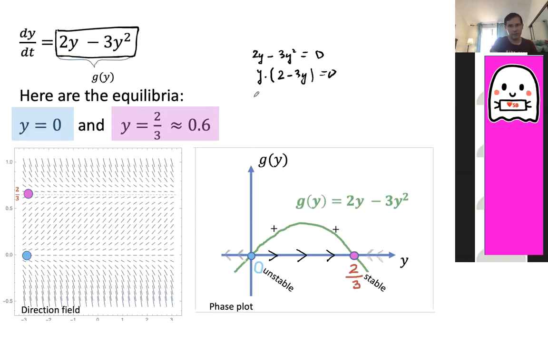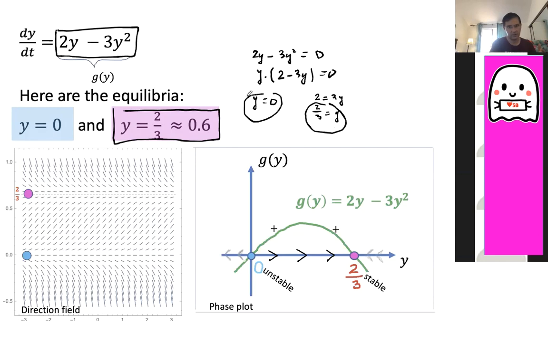So one equilibrium solution is the obvious one, y equals 0, and the other one is 2 equals 3y. So in other words, 2/3 equals y. Okay, so I have two equilibrium solutions. One is 2/3, that's the constant function 2/3. And the other equilibrium solution is 0. That's the constant function 0.